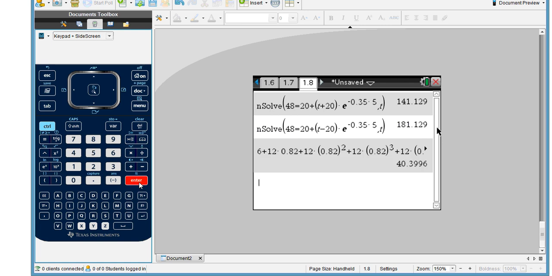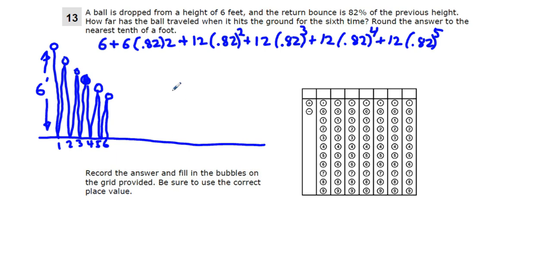And so it's going to be 40.3996. And it says to the nearest 1/10 of a foot. So that's approximately equal to 40.4 feet, right? So I'm going to put over here 40.4.